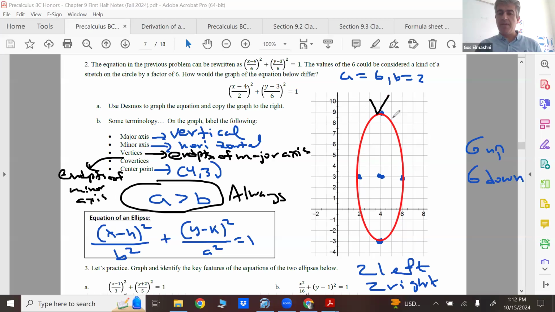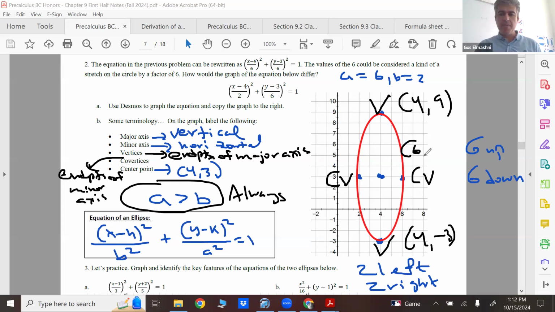So I'll call this V and V. I'll call it CV and CV. So your vertices are pretty obvious. They'll be 4, 9 and 4, -3. And the co-vertices should be pretty obvious. They'll be 6, 3 and 2, 3.